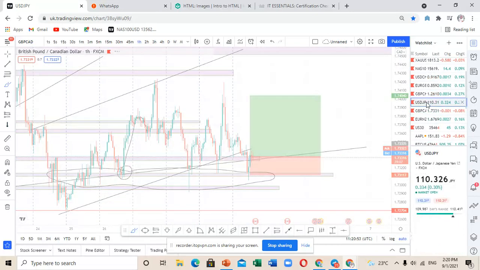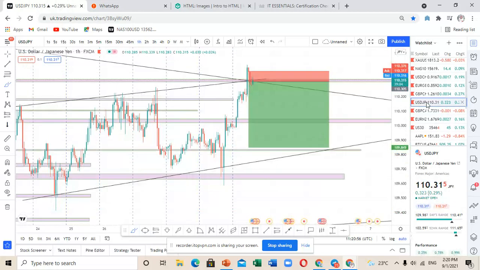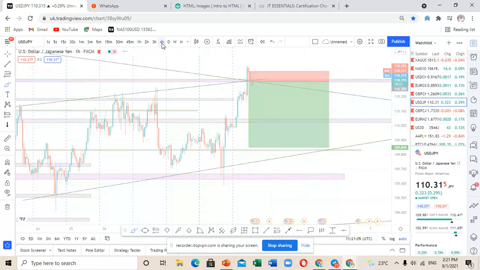So finally, let us finish up with the trade on the USDJPY. On USDJPY, let me start from the 4 hour time frame.